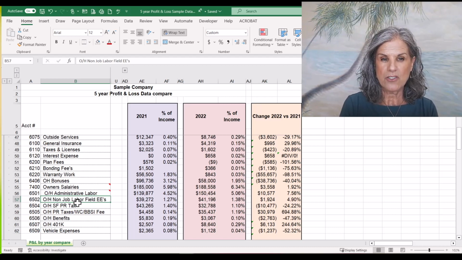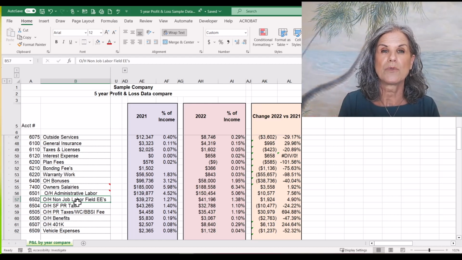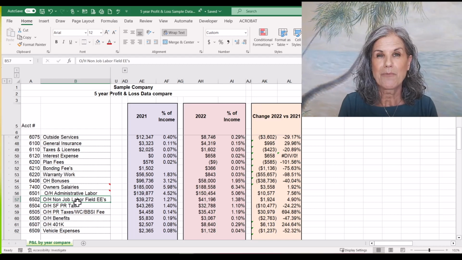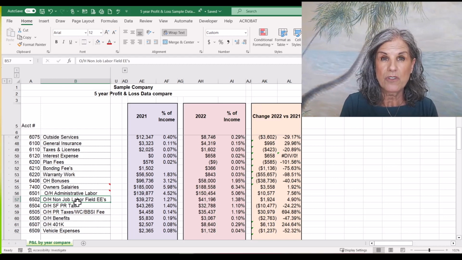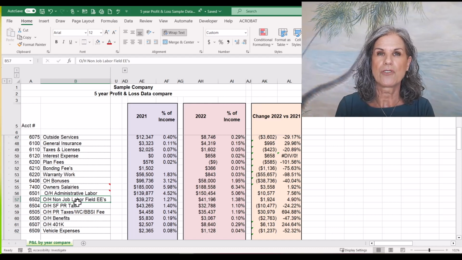And so making sure that your overhead cost really represents, all right, what's all the stuff that it costs me to run my business that's not billable, right? I can't bill it to a job. I can't put it to a job because I don't make money on it. I can't bill for it. If I can't bill for it, it belongs in overhead, right? Liability insurance should be part of your contract and part of what you're charging to a job.